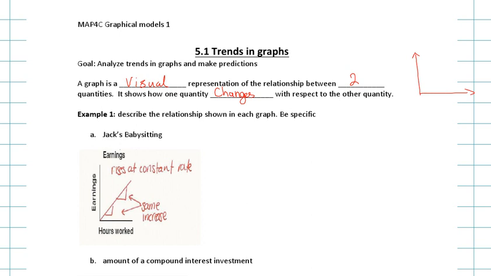That's right, X is your independent. So you always plug in values of X, and then Y is going to depend on X. You always put your independent on the X-axis, and your dependent on the Y-axis.